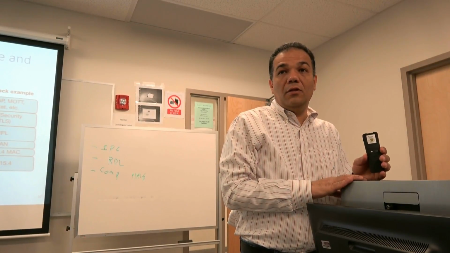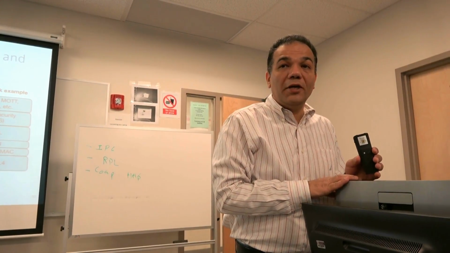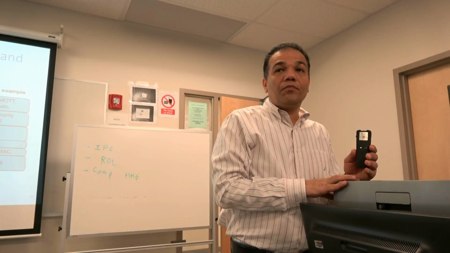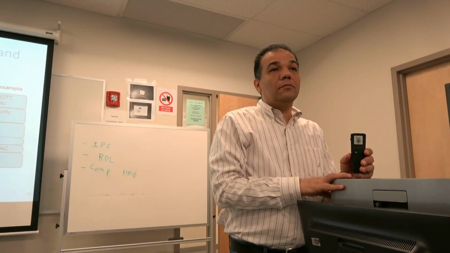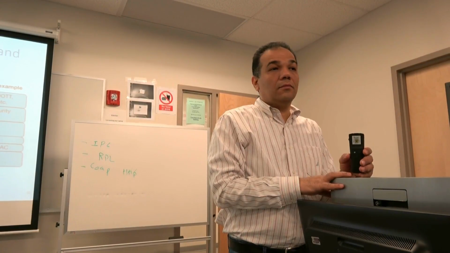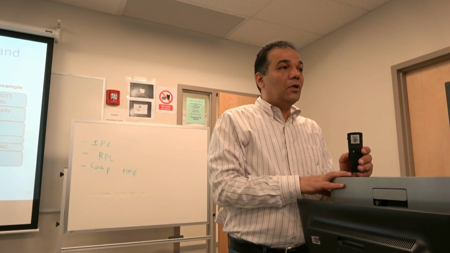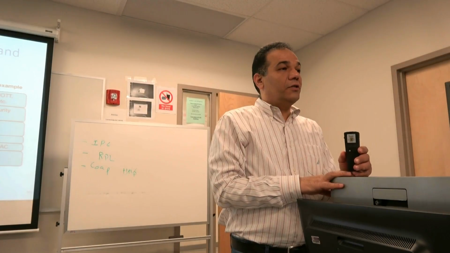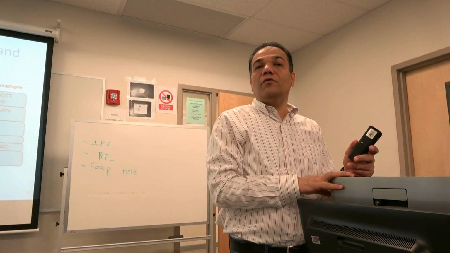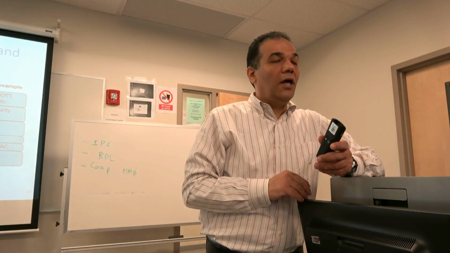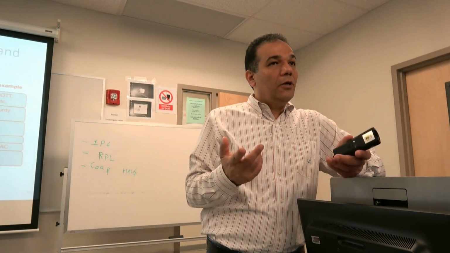No. UDP then. What's the difference between TCP and UDP? Connection. Okay. What other difference? Lightweight and heavyweight. So which one are you going to use for IoT devices? The lightweight one. UDP.